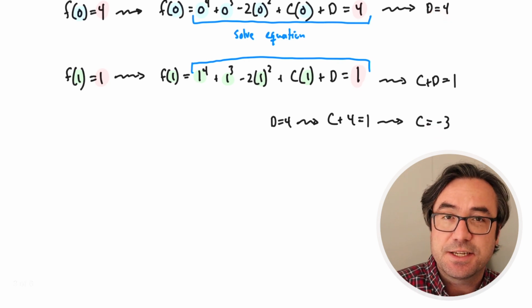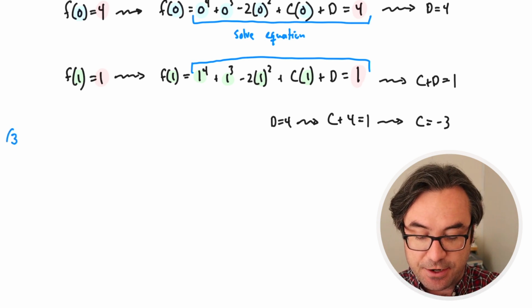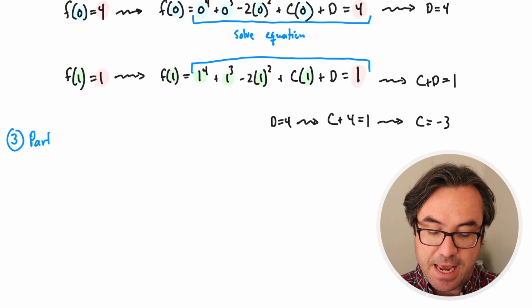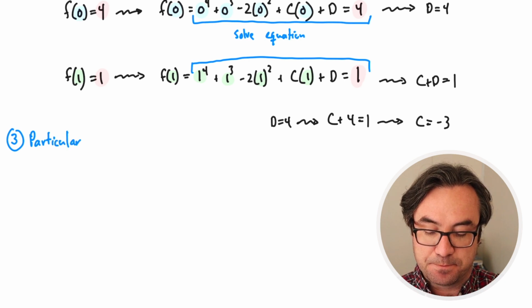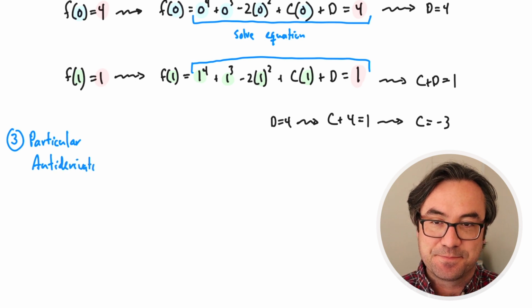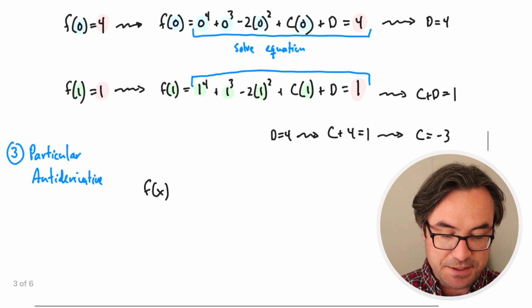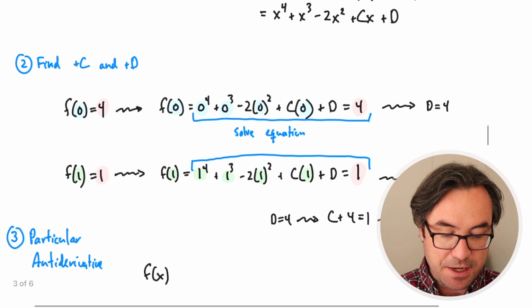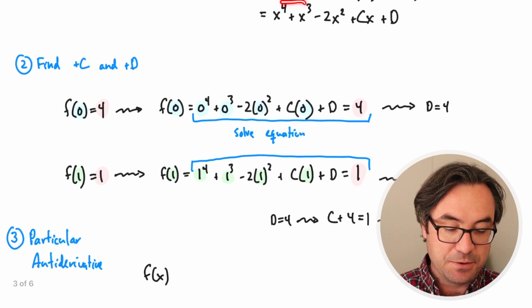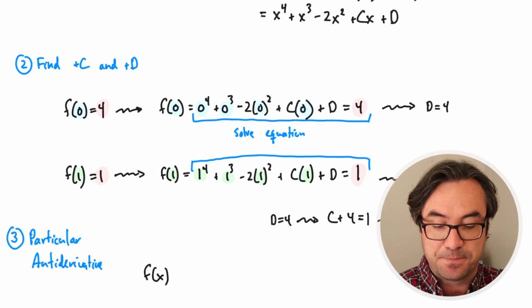So now my last step is just put it all together. So now we write down our particular antiderivative. And we'll have it. So we know that f of x, what was it? It was all of this. And then we just plug in our values for c and d.